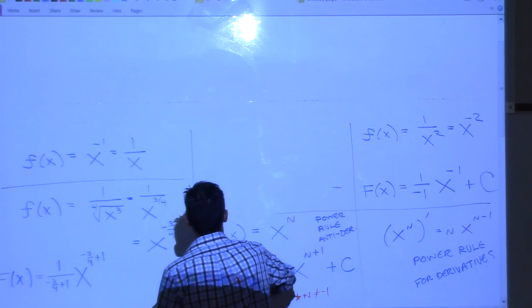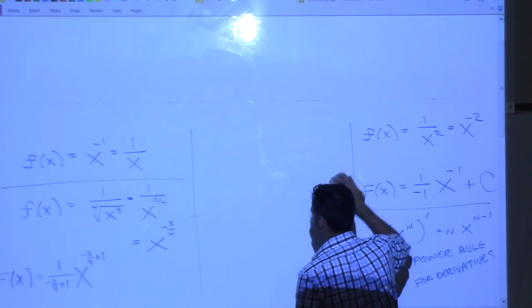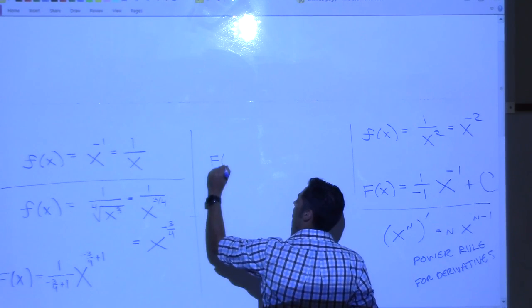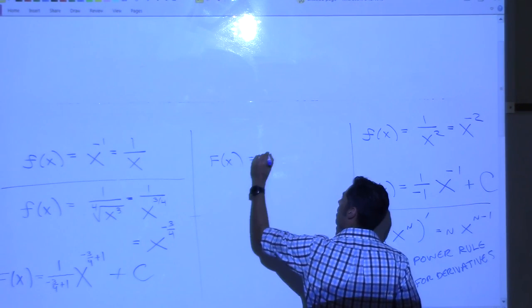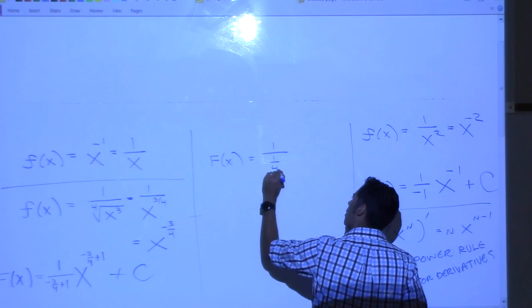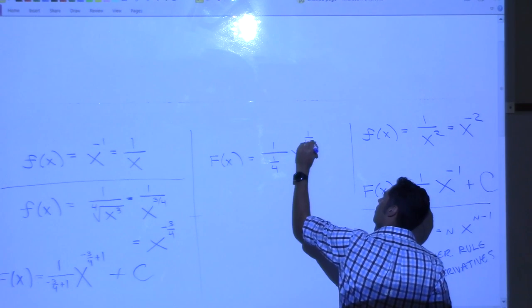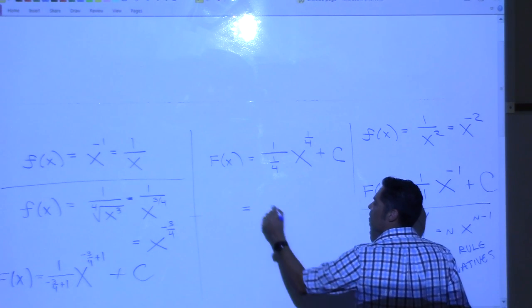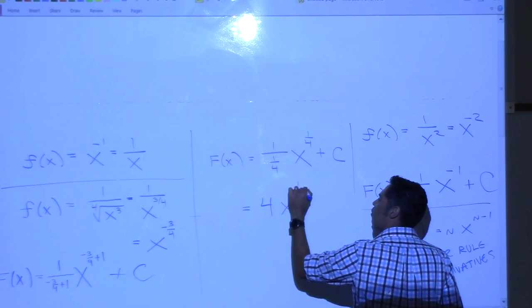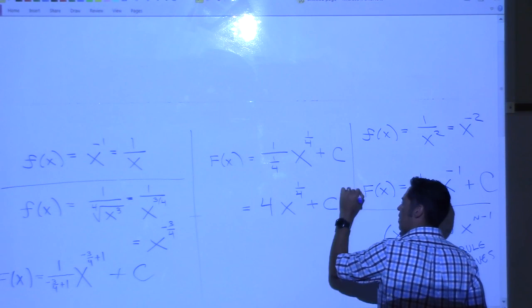So continuing now, capital F of x should be 1 over a 4th times x to the 1/4 plus c. But what is 1 over a 4th? 4x to the 1/4 plus c.